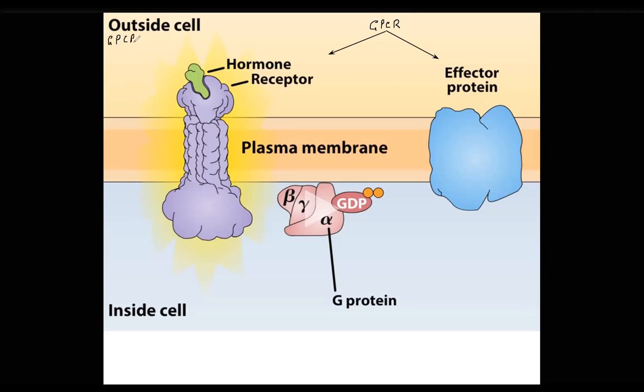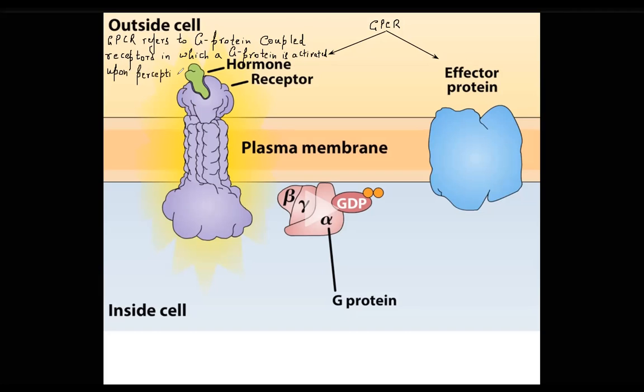GPCR refers to G protein coupled receptors, which always contain a G protein, in which a G protein is bound to a particular receptor and is activated upon perception of a signal.